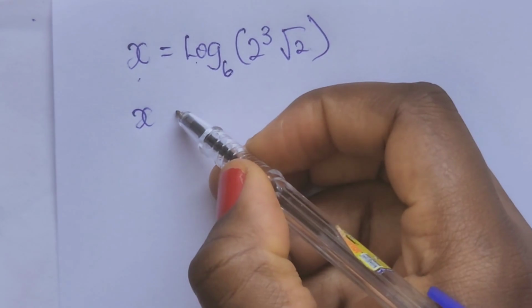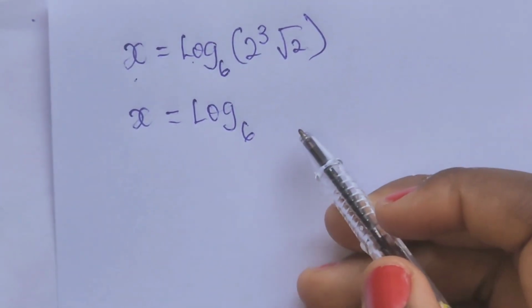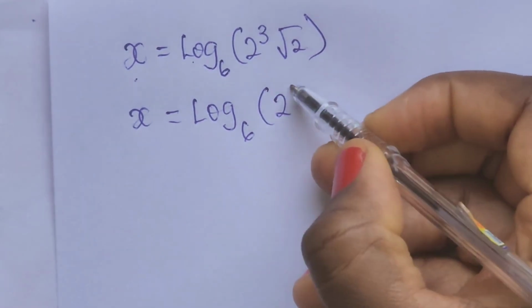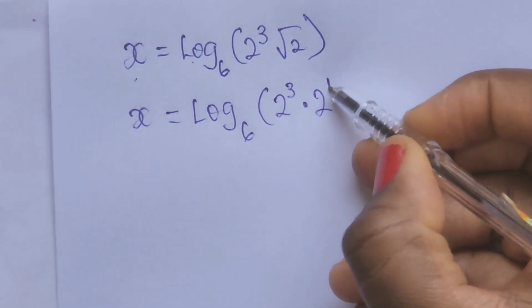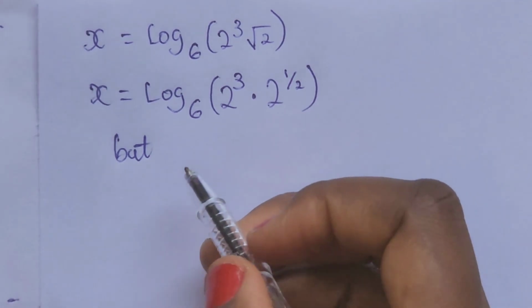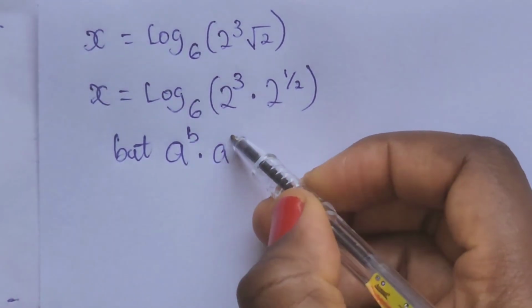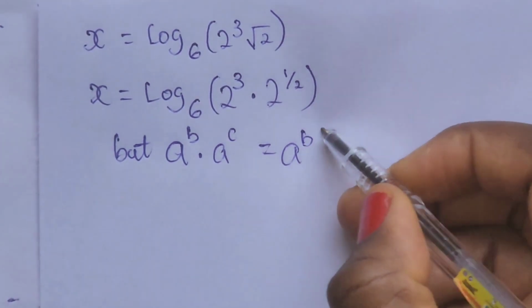So this is equal to x to be equal to log to base 6 of 2 to the power of 3 times, root 2 can be written as 2 to the power of 1 over 2. But when we have a to the power of b times a to the power of c, this is the same as a to the power of b plus c.